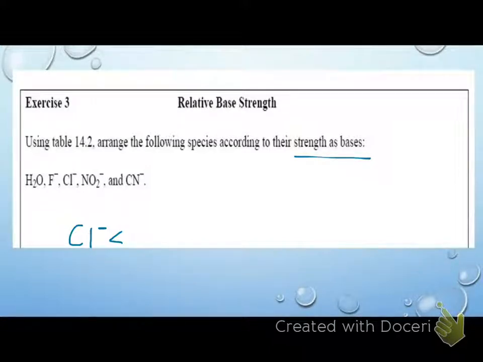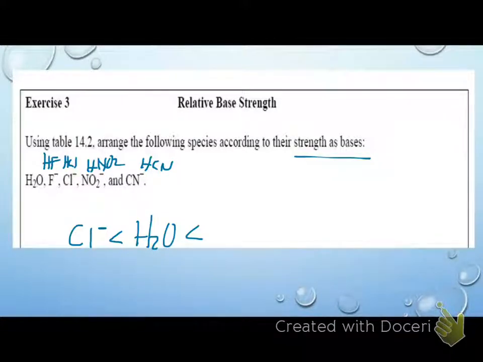So what would be the next strongest? H2O, yep. And if it helps, you can jot what acid it came from. This came from HF, this came from HCl, this came from HNO2, and that came from HCN. So that might help you as you're looking through that table. So what comes after that?